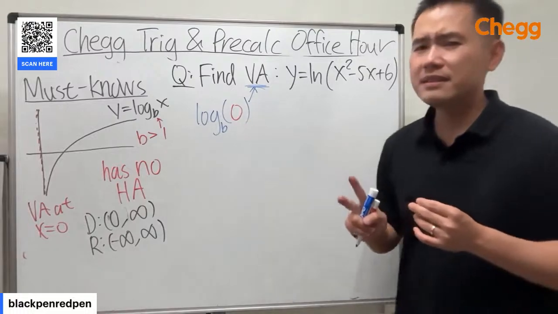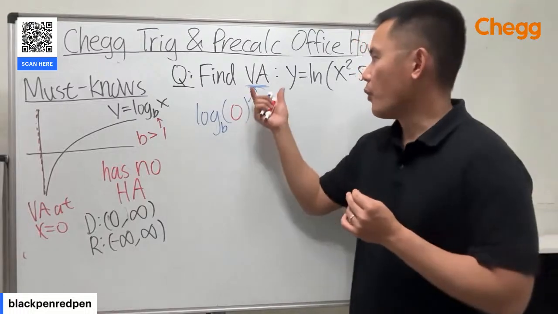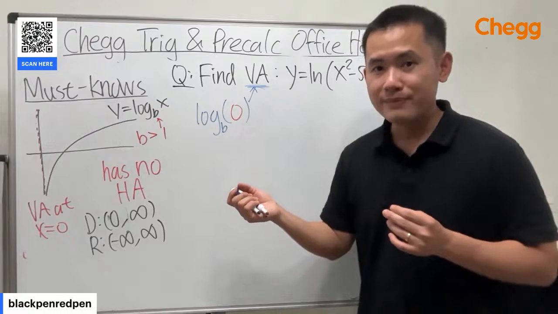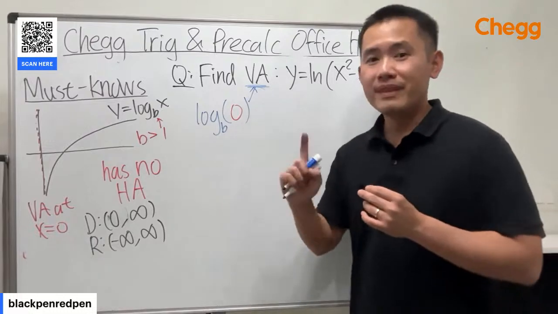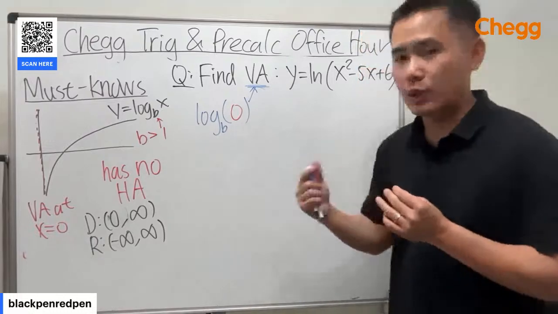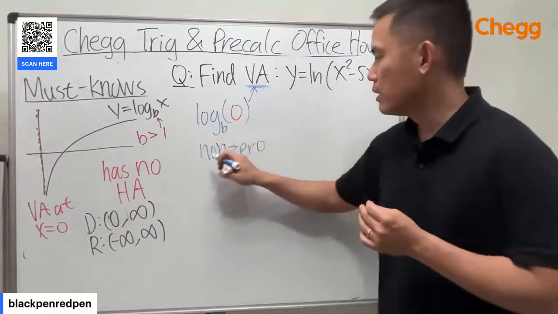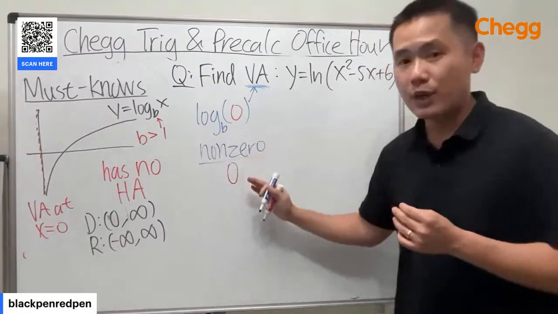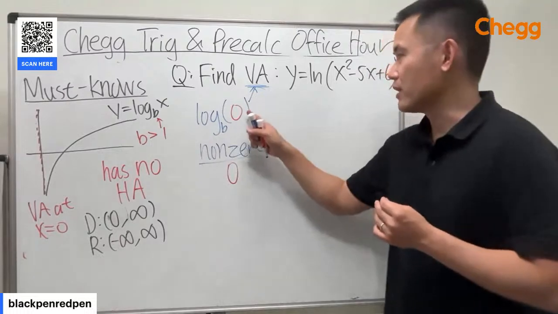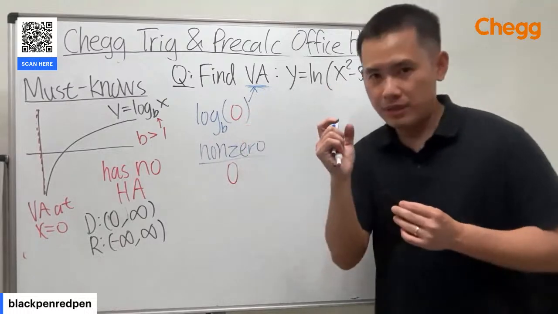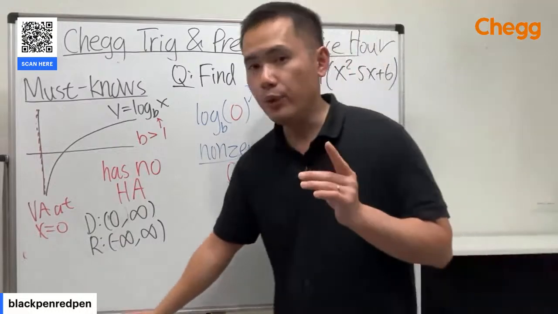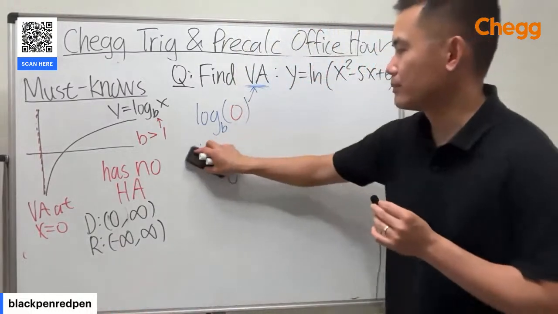There are two cases that you have to be worried about for a vertical asymptote. This is one of them. The other one is what we did before with the rational functions, when we have a non-zero number over 0. But for the log case like this, you make the inside equal to 0, and you will get the vertical asymptote.